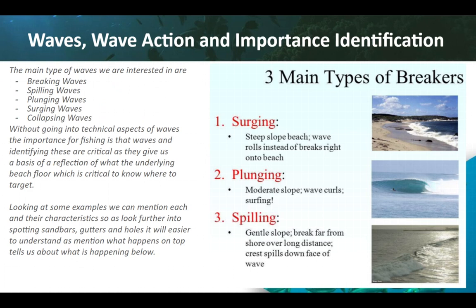I thought it's important to highlight some of these before I go in, rather than you having to look up what he means by a breaking wave. It's important to be able to identify them yourself as well. So the main ones we'll be interested in are breaking waves, spillings, plunging, surging, or collapsing.